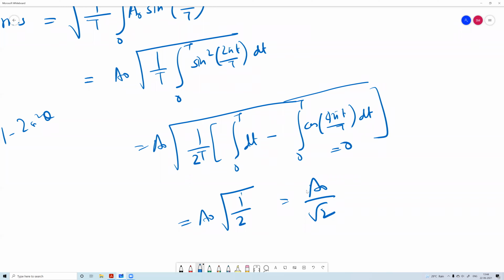Okay, all of you have got this. Now, two important definitions, which are very important for MCQ type exams. First one is called the peak factor.